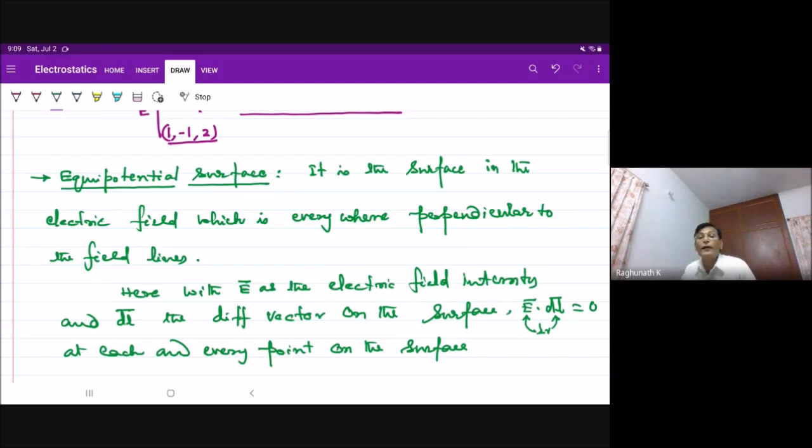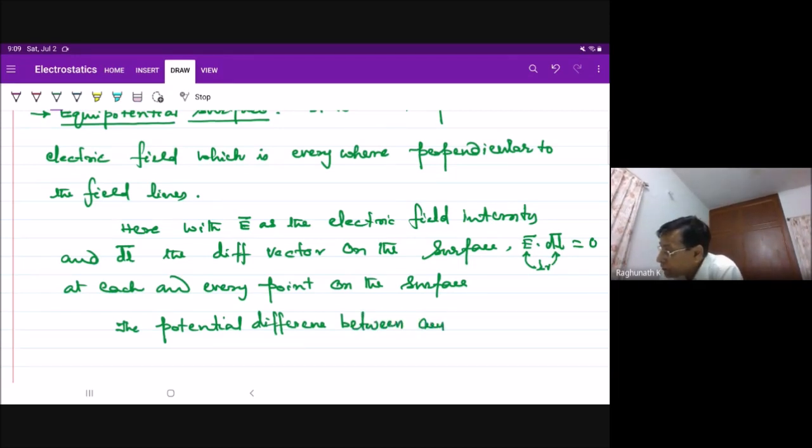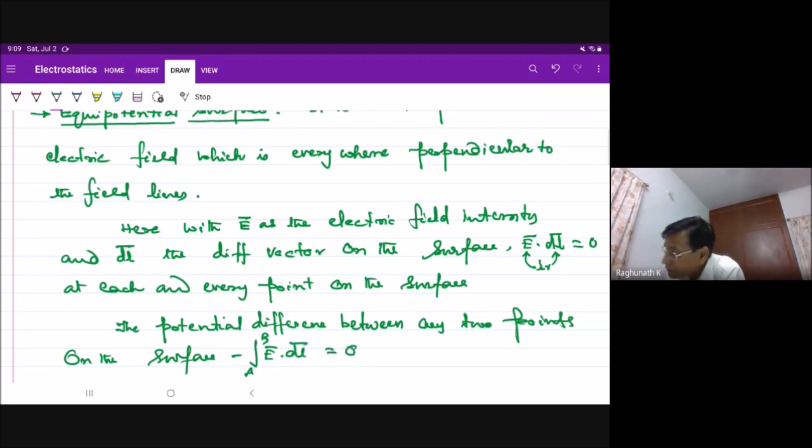If E bar dot dl bar is equal to 0 at each and every point, the potential difference between any 2 points on the surface, integral A to B E bar dot dl bar, is equal to 0.